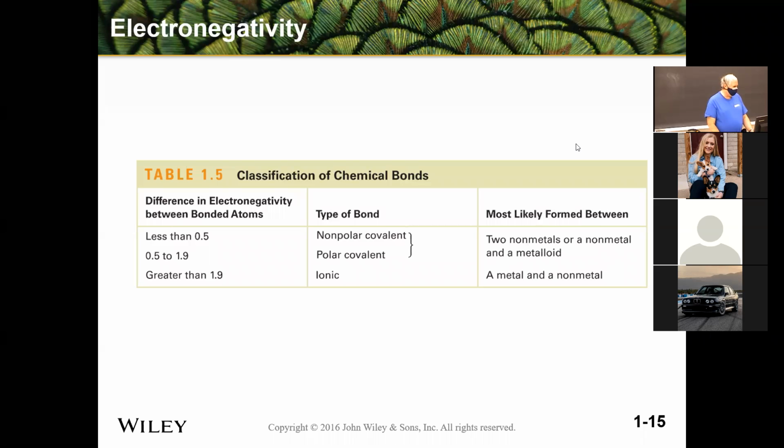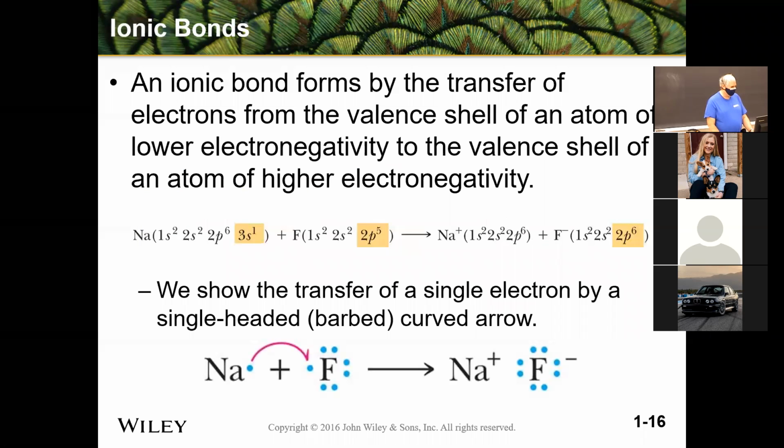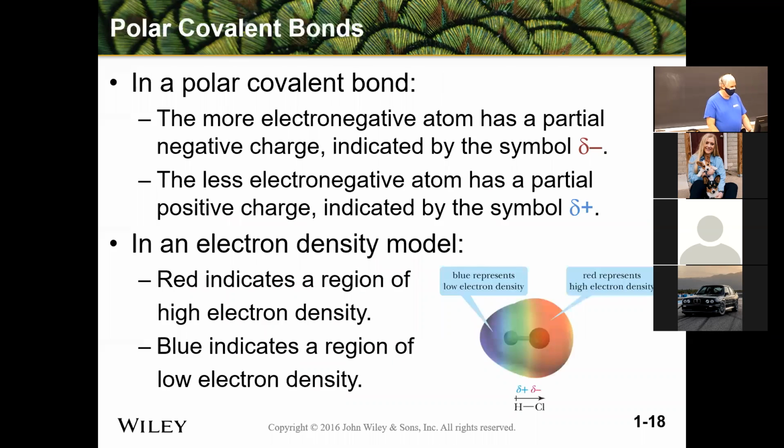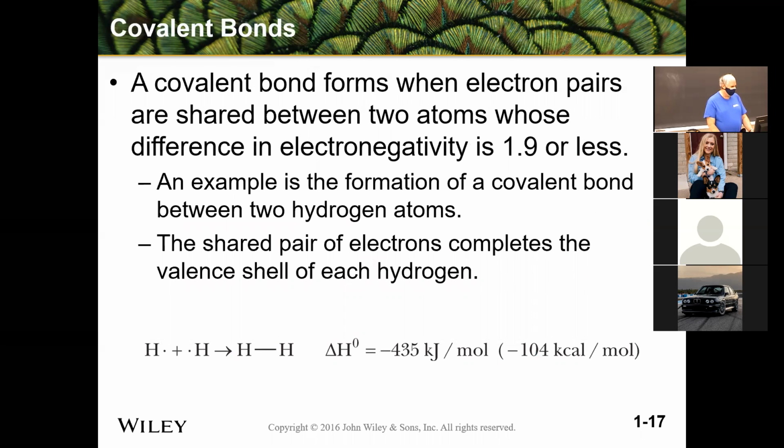And then review this. This is the distinction, the arbitrary dividing lines between nonpolar covalent, polar covalent, and ionic. And these numbers represent differences in electronegativities.